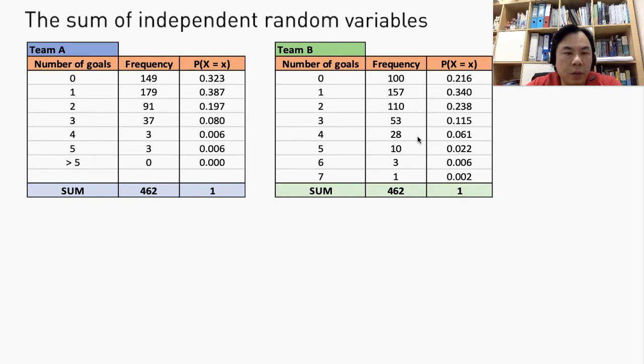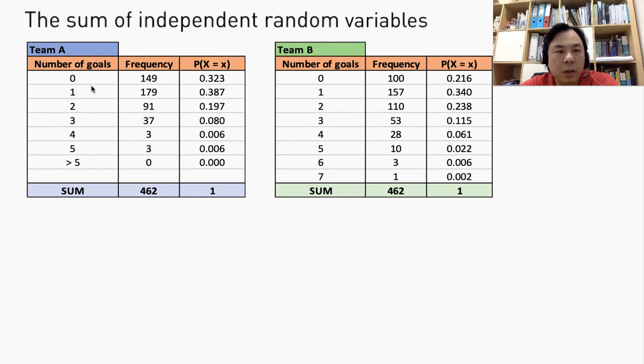So let's assume that these are all the results recorded relevant to Team A and Team B over a certain period of time. Here you can see the number of goals scored by Team A are shown here.